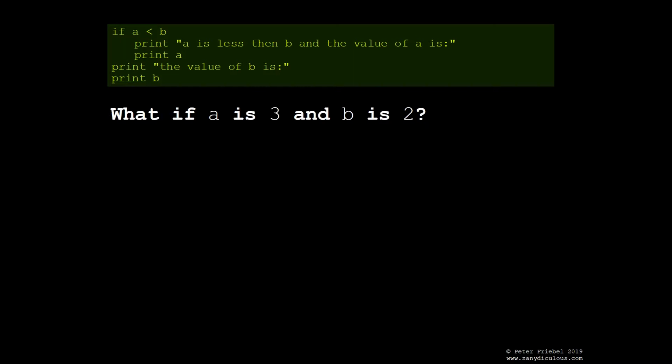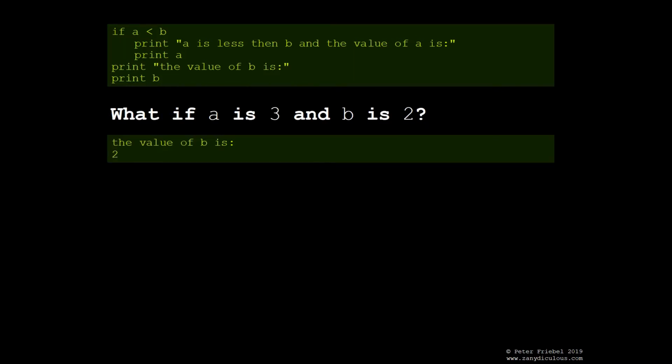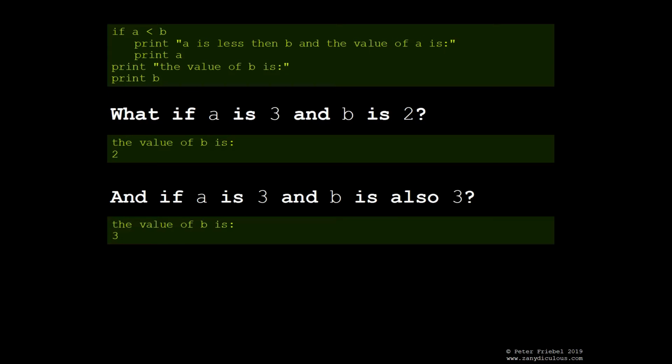But what if A is 3 and B is 2? Well, then only the last two print commands are executed, because A is not less than B. And if A is 3 and B is also 3, same thing. The value of B is 3, because A is not less than B.